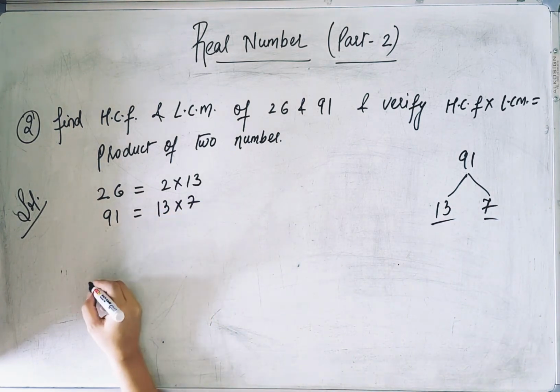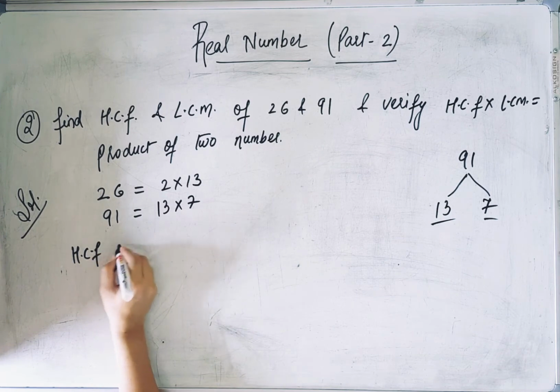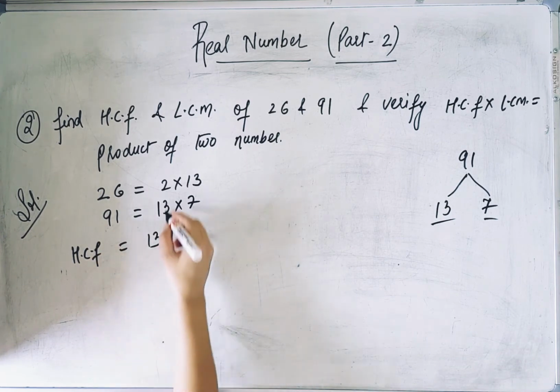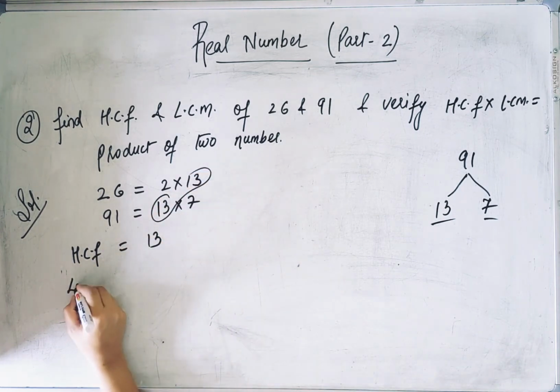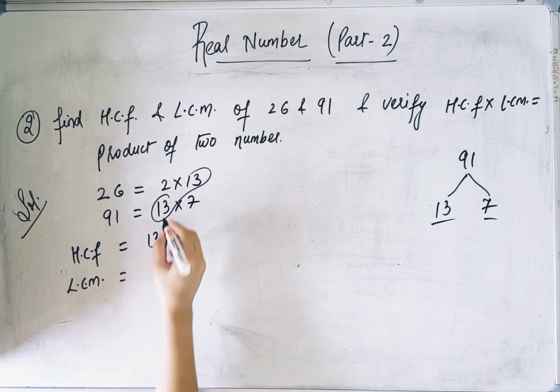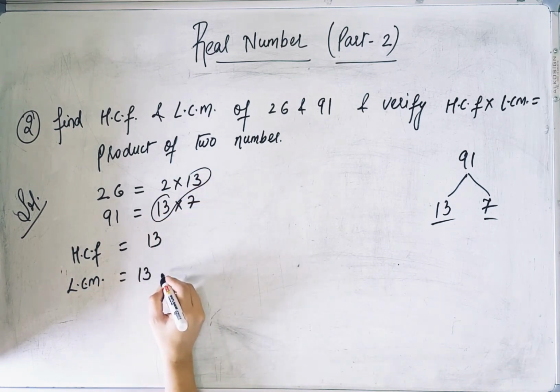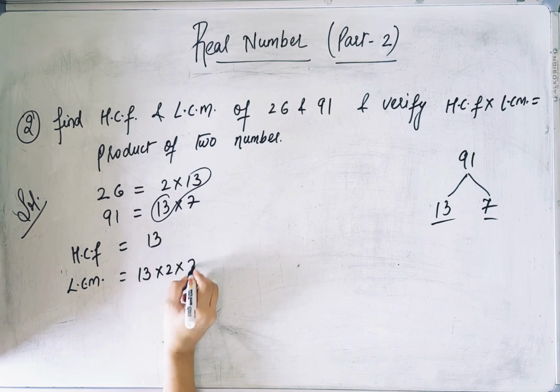So HCF will be 13 because 13 is common in both, the highest common factor. LCM will be 13 into 2 into 7.